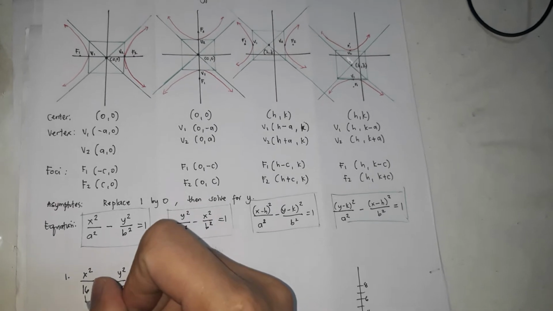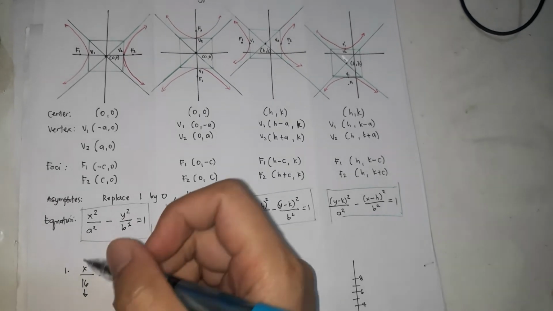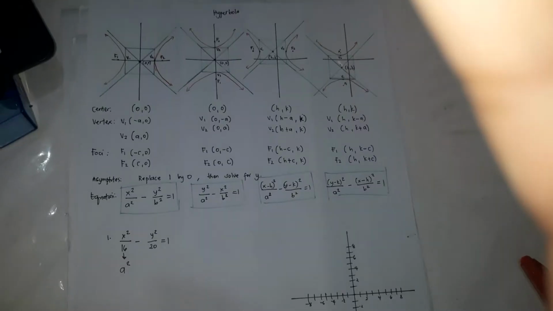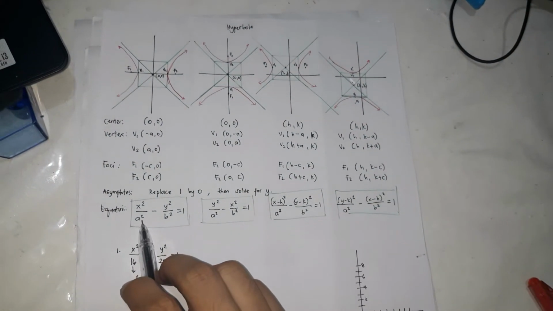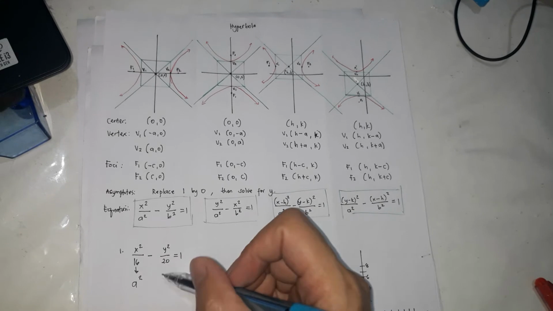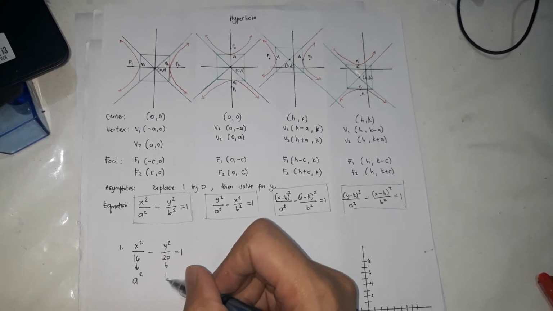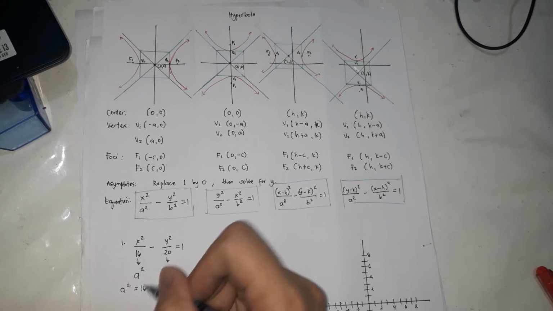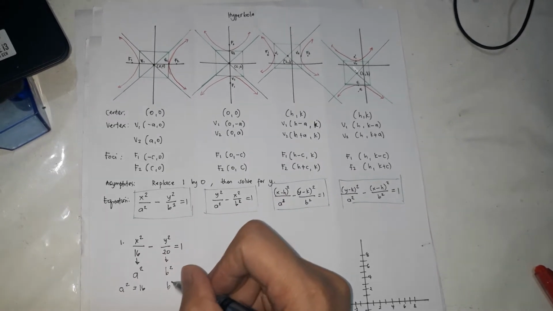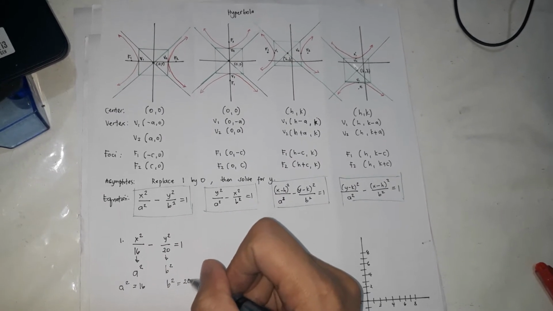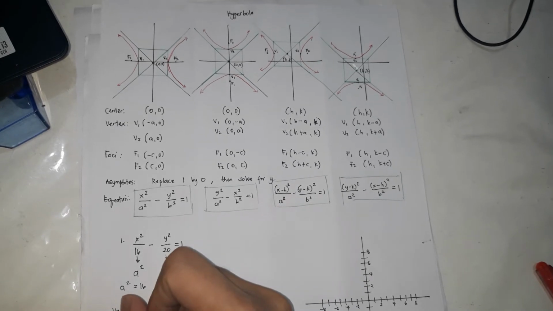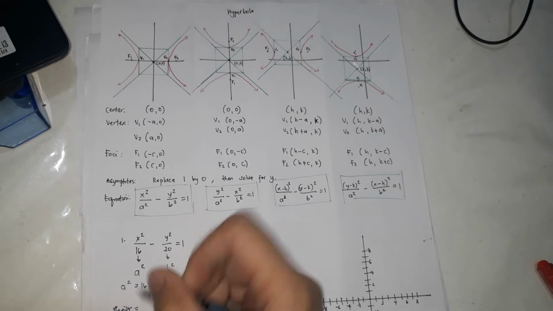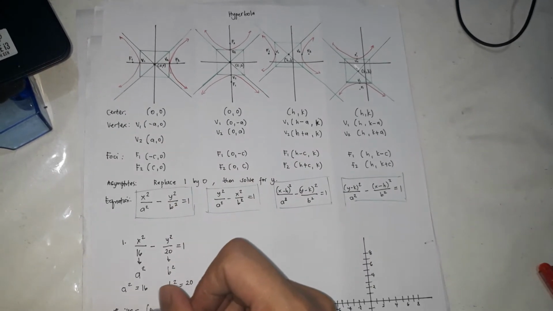So this is a squared. As you can see in the graph, this is a squared. This is b squared. So a squared is equal to 16 and b squared is equal to 20. So vertex, center muna, center is 0, 0.